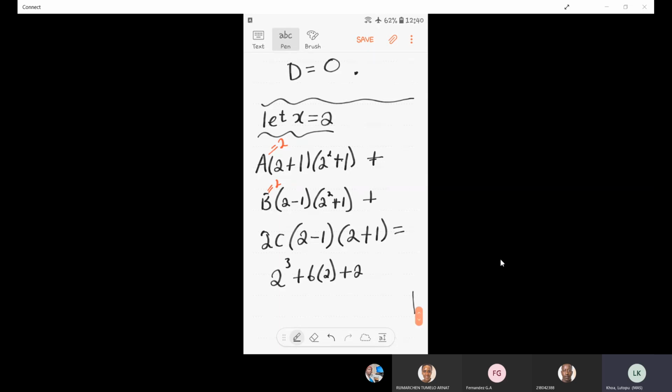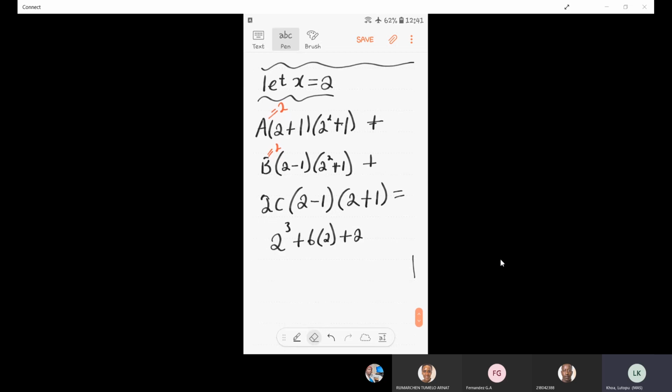When we multiply out, the first bracket, I have 2 plus 1, that's 3. 2 squared plus 1, that's 5. 5 times 3 is 15. So I have 15 times a, but a is 2, so 15 times 2 is 30. Then over here, I have 2 minus 1, which is 1, and 2 squared plus 1 is 5.